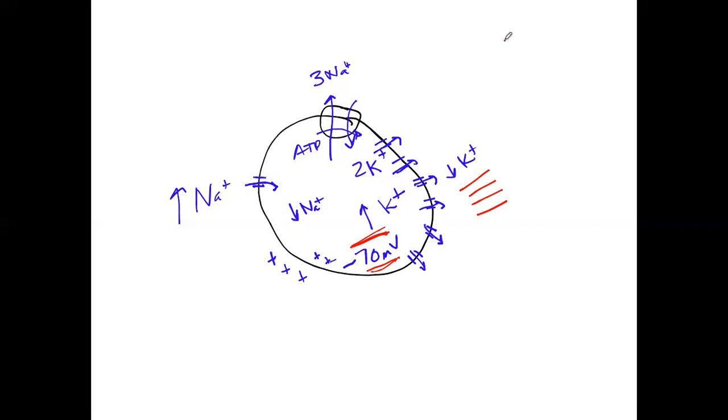So low potassium outside, potassium is going to go out faster, and that's going to make it more negative. So inside, is it going to be harder or easier to excite?